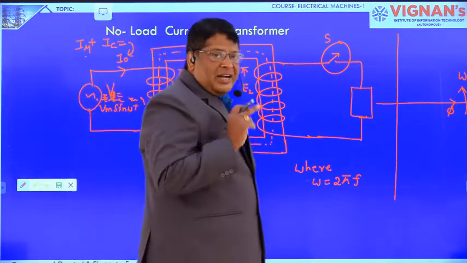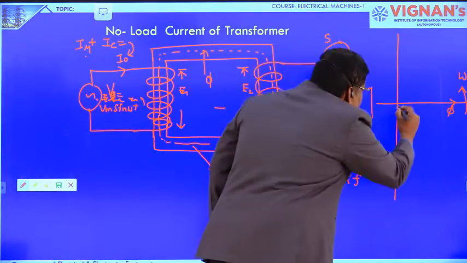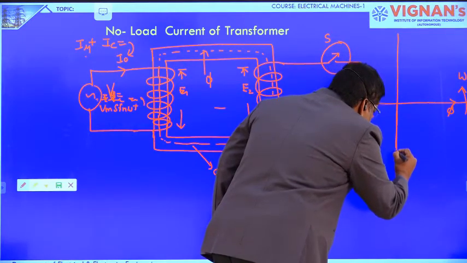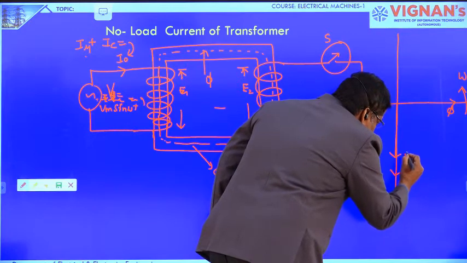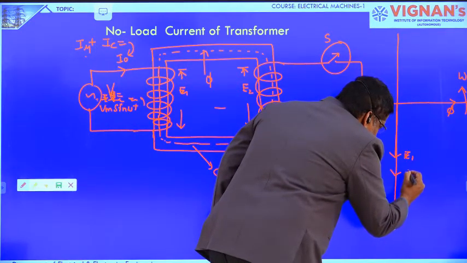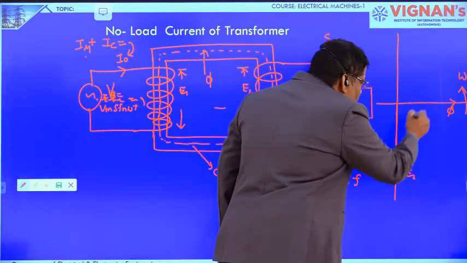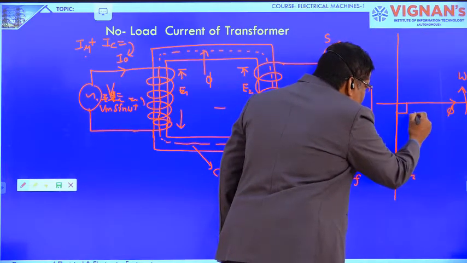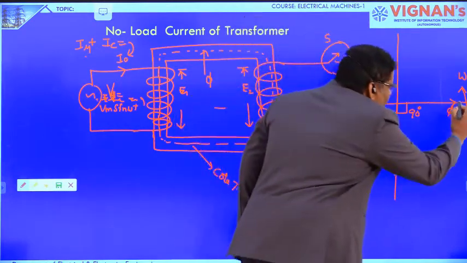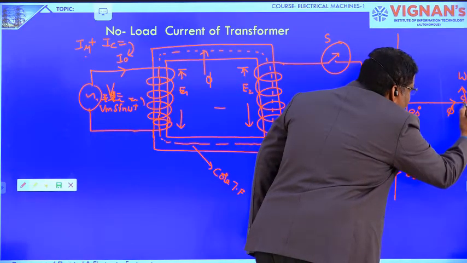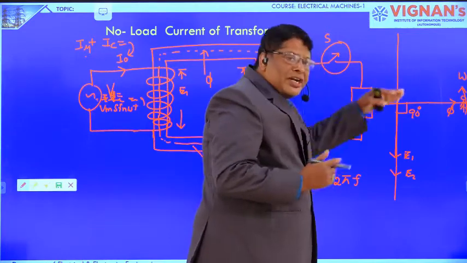That is the reason. This is the reference flux. E1 we have taken here. This is E1, this is E2. Now what is the angle between these two? 90 degrees, lagging. Suppose one person is standing here observing, and all these phasors are rotating in the anti-clockwise direction.